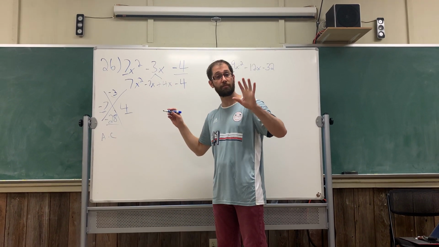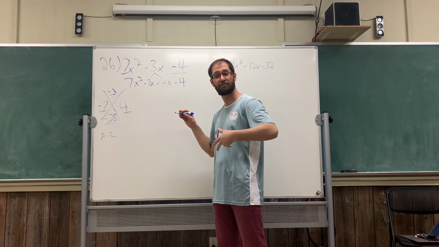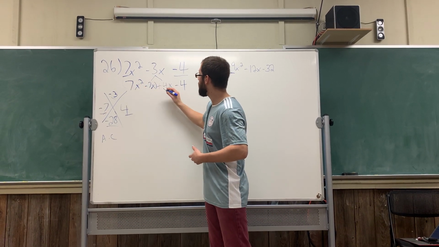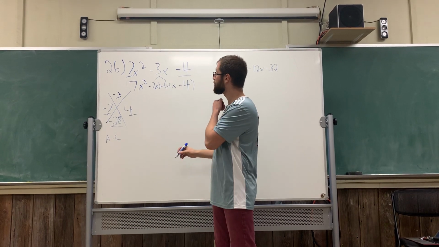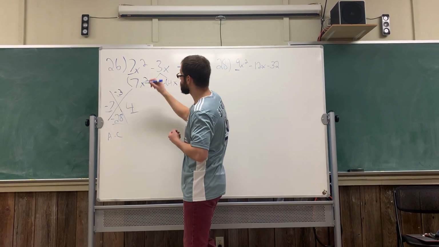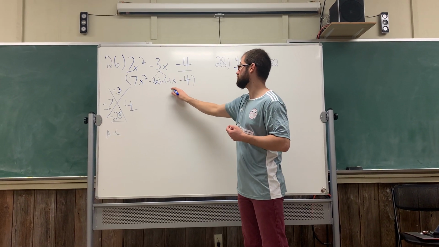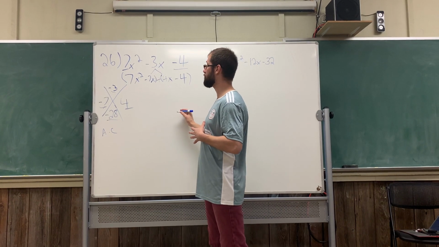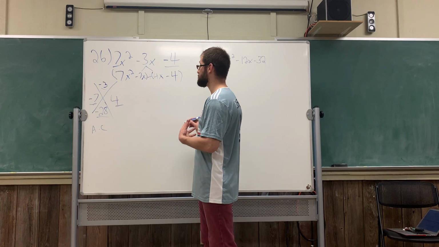Now, just like I think it was problems 8 and 10, we're going to have to factor by grouping now. So I'm going to group the first two terms and the last two terms. And I'm going to take out the greatest common factor from each of these.